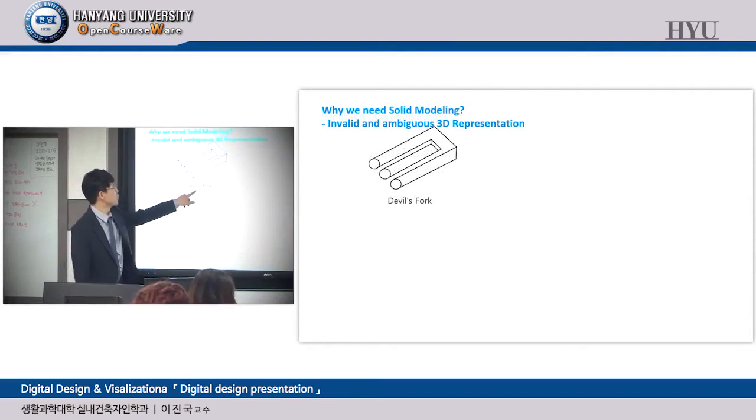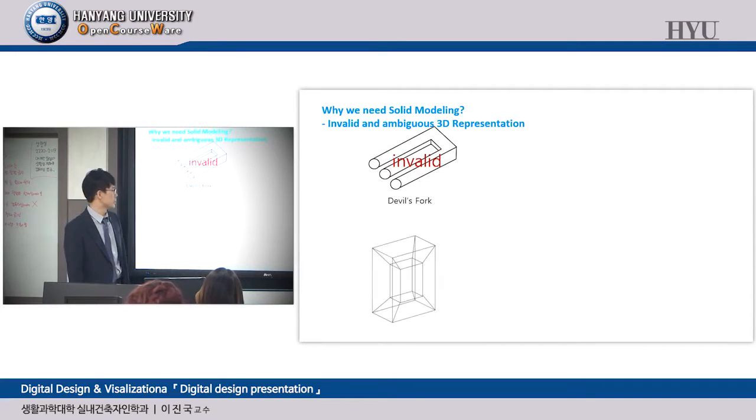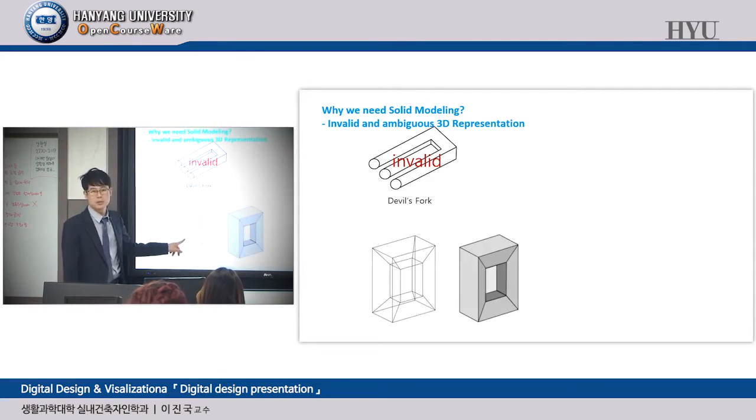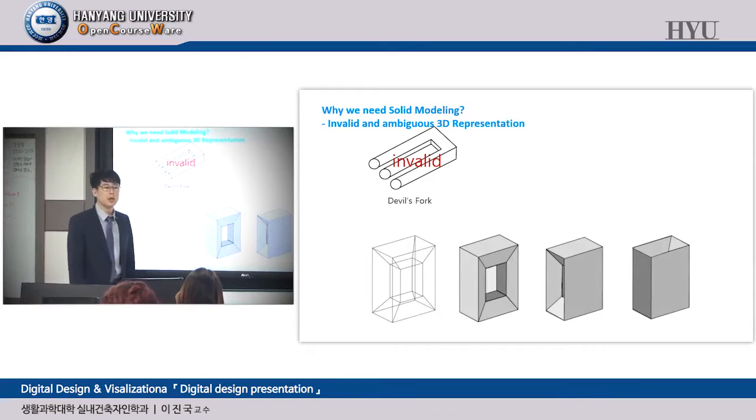How about the devil's fork? This is ill-defined, okay? It's invalid, it's a fake. This one cannot be made in a solid model or in the real world. How about this one? Ambiguous, okay? This one can be this one or anything else here.